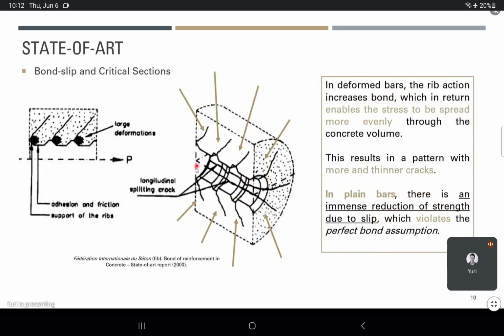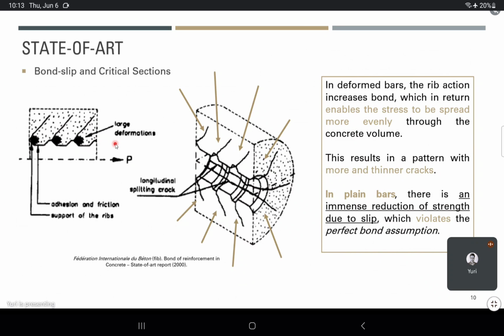And still talking about deformed bars, something that is really important is when we have the lug action, we have a creation and a spread of very tiny cracks throughout a very large length. So one good thing about deformed bars is that this creates a cracking pattern that is easy to identify, and it actually gives a lot of strength because a lot of the surface of concrete will be working together.